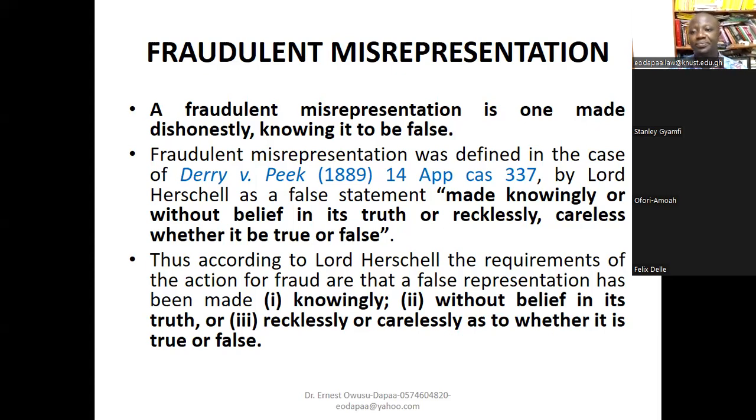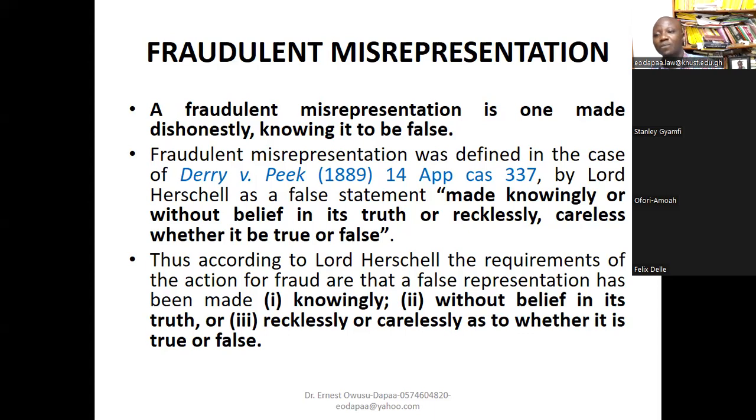So in Derry and Peek, fraudulent misrepresentation was defined by Lord Herschell as a false statement made knowingly, or without belief in its truth, or recklessly, careless whether it be true or false.